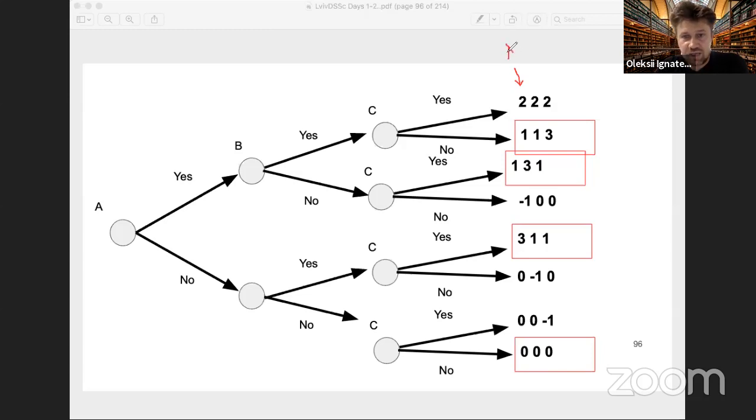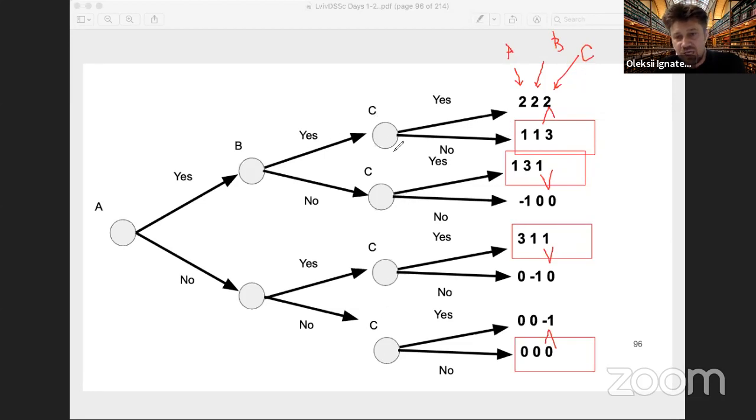So this is A's payoff, this is B's, and this is C's. So 3 is bigger than 2, 1 is bigger than 0, and 1 is bigger than 0, and 0 is bigger than -1. So these are the choices of rational player C.